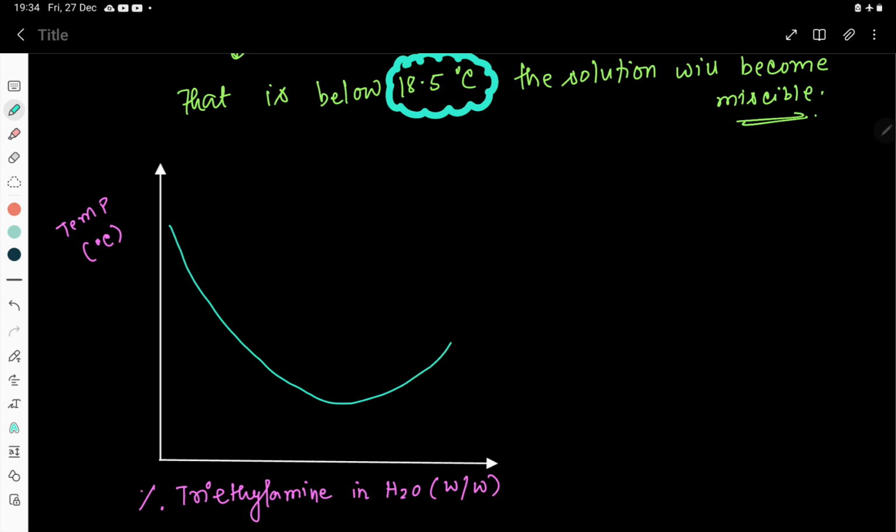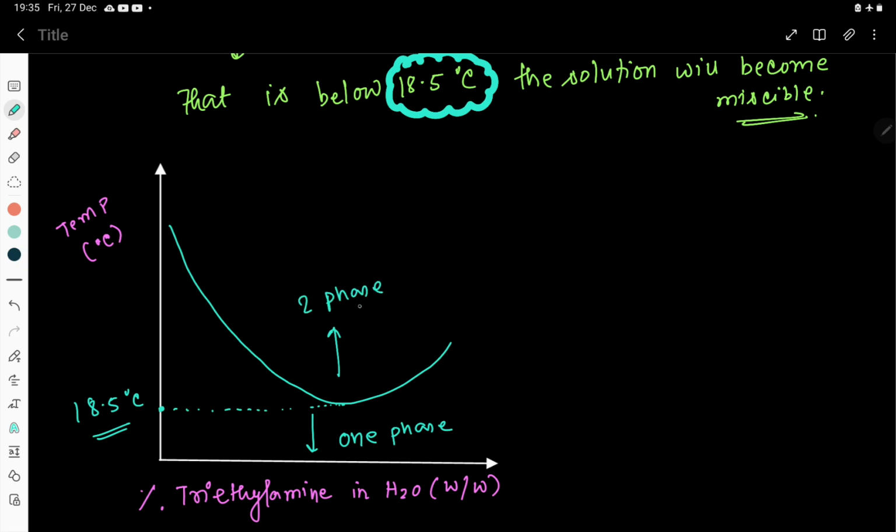It will look like this. Now this is the lowest point. This is the LCST point. LCST means lower critical solution temperature, and the value of this will be 18.5 degrees Celsius. So below this we can see one phase, and above this we can see two phases.